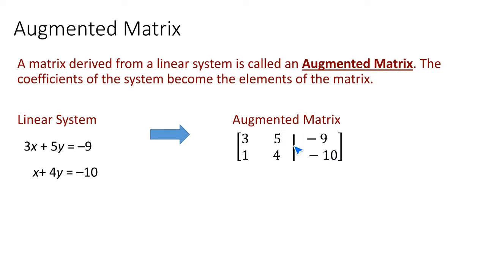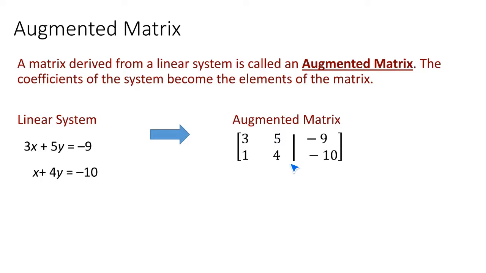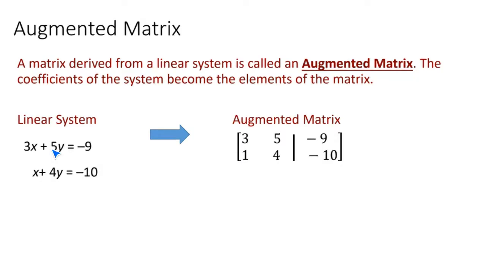Sometimes the bar is not there, but we put it here, and some books might not have it in there. So here the coefficient of x is 3, coefficient of y is 5, my constant is -9, my coefficient of x is 1, and my coefficient of y is 4, and then we have -10. If you're missing a y, then you would still use a 0 to represent that value.